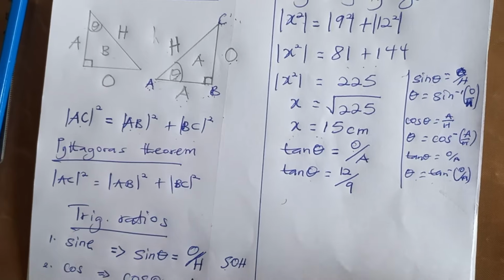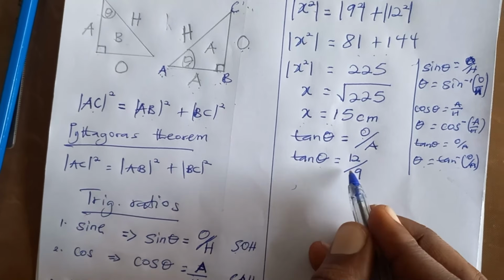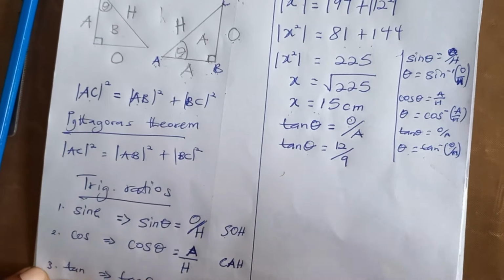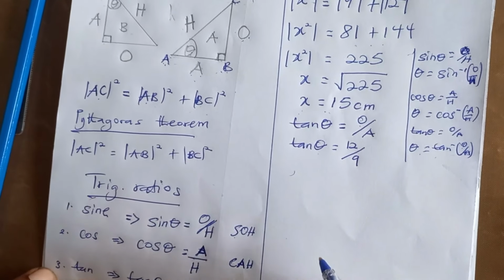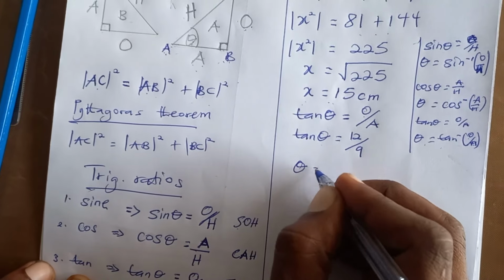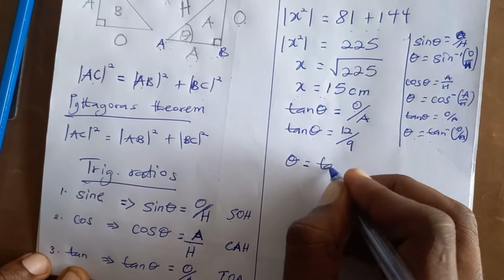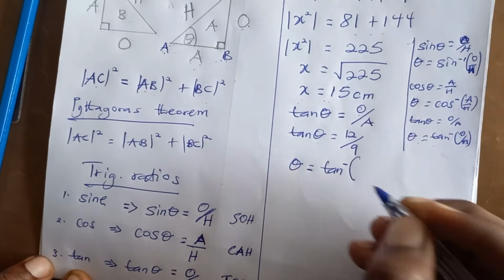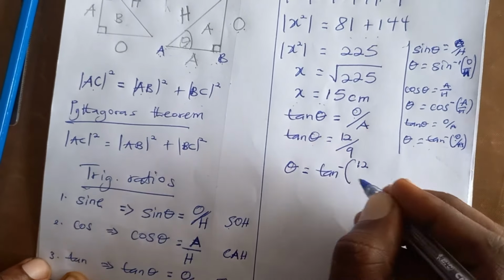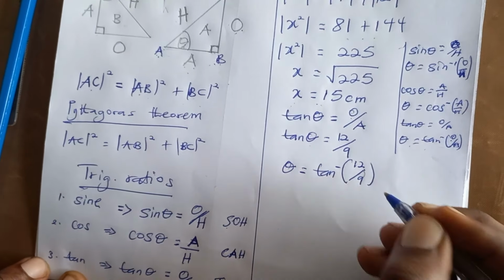So our O is the 12 and our A is the 9. So let us make theta the subject here. Now we get theta is equal to tan inverse of 12 over 9.